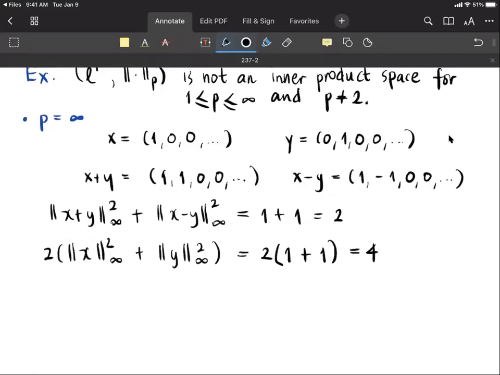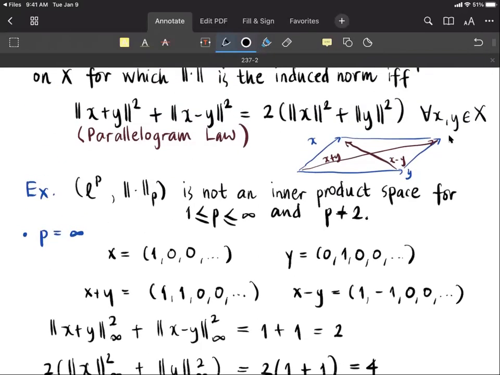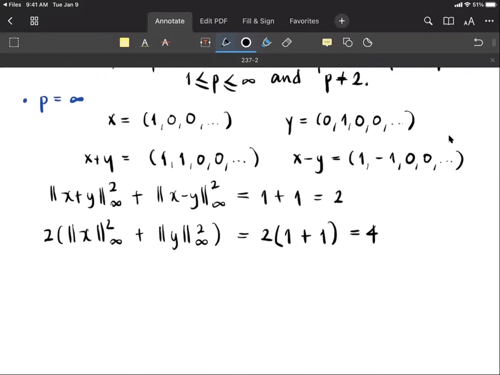So this means that with these sequences x and y, the parallelogram law is violated. Hence, L infinity is not a Hilbert space.